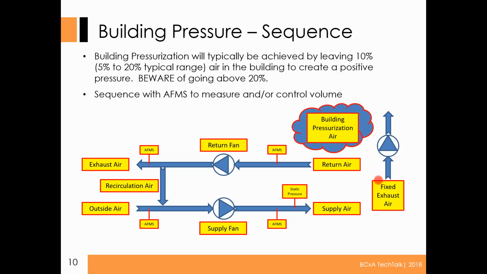If this is a fixed exhaust, let's say it's 1,000 CFM exhaust, toilet exhaust, janitor's closets, etc., if you did your supply air minus your 1,000 minus your 2,000, you're now looking at returning 17,000 CFM. So that's where that math comes into play.